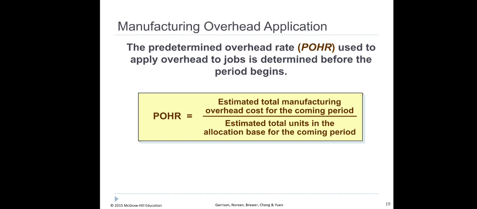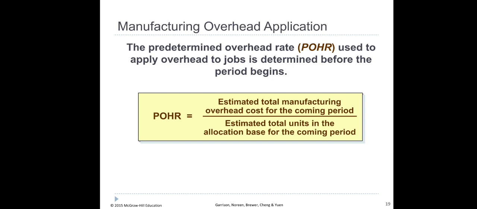Okay, when you want to allocate or divide manufacturing overhead cost to different jobs, you have to use this calculation. This calculation is called predetermined overhead rate. The predetermined overhead rate used to apply overhead to jobs is determined before an accounting period begins.